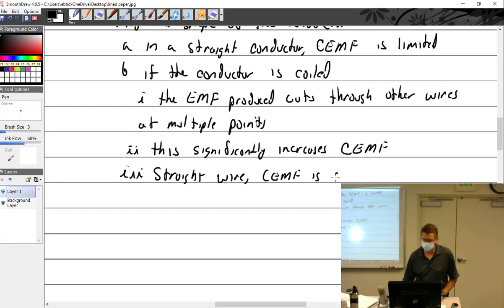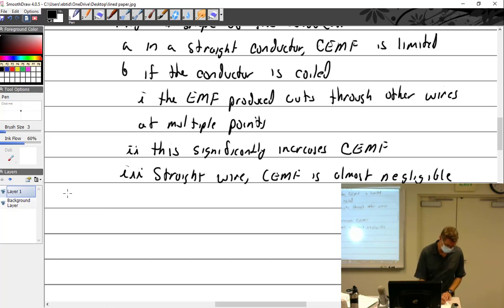And coiled wires, not so much. Very little.